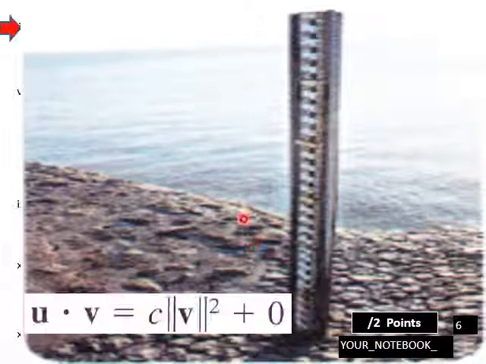Okay, so moving on now. U times V would equal the magnitude of V squared multiplied by C plus 0. We can do this because W2 and V are orthogonal.